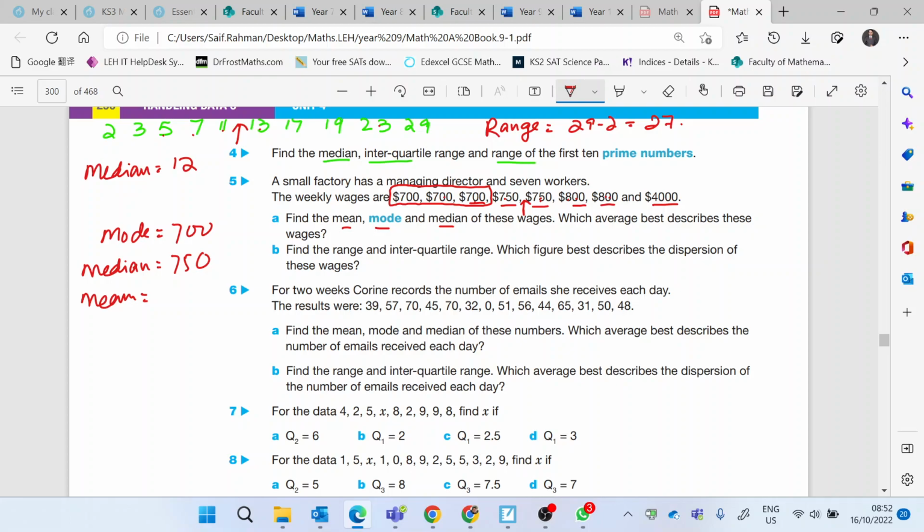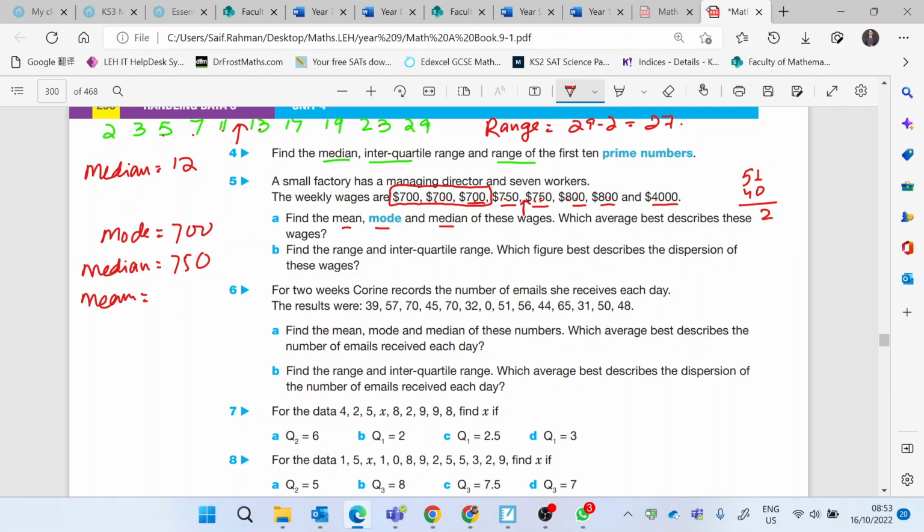700, 7, 7, 14, 21, 28, 35, 36, 44, 52, 52 plus 40.